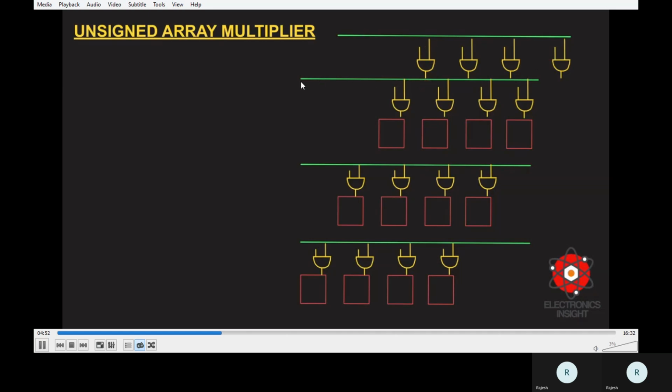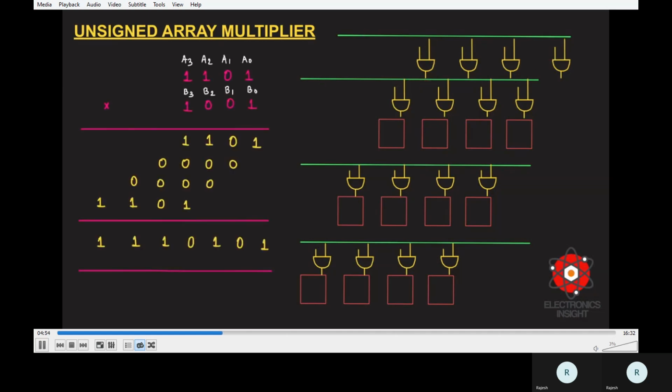Next, B1 is multiplied with A3, A2, A1, A0. You can see in the left side diagram, A3, A2, A1, A0 and B3, B2, B1, B0 are written and the corresponding outputs are shown.